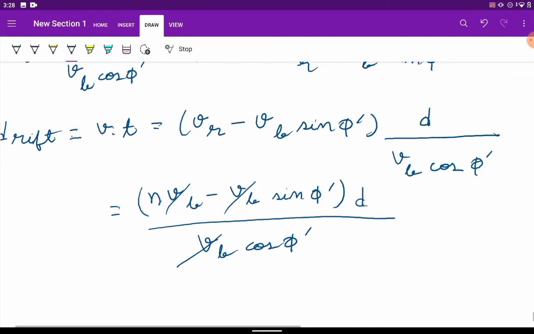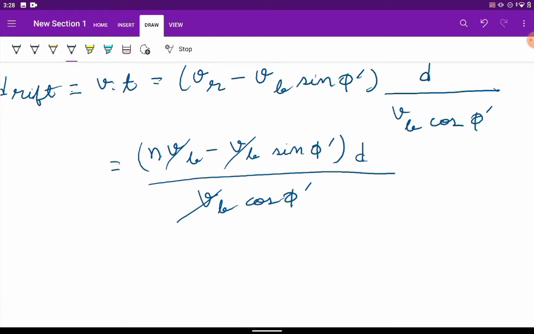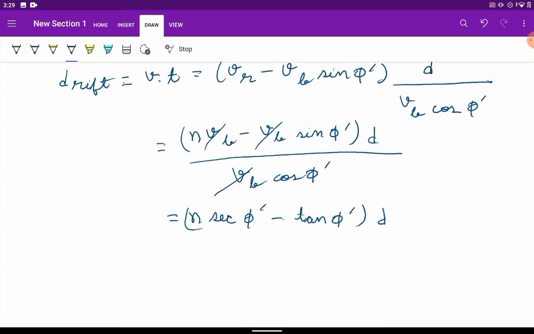VB will be cancelled out. Okay, so this becomes n secant phi dash minus, dividing cos phi dash, tan phi dash, into D.